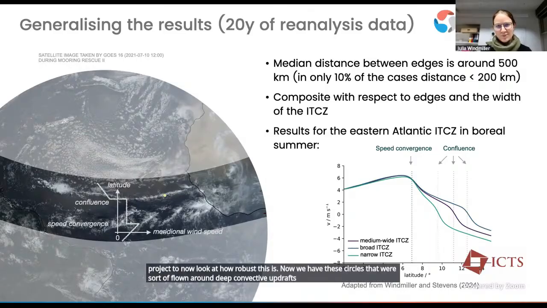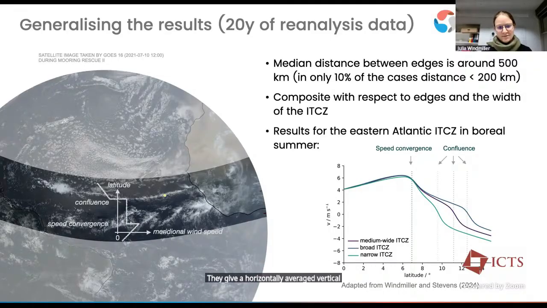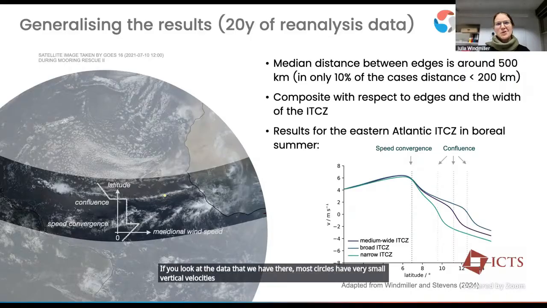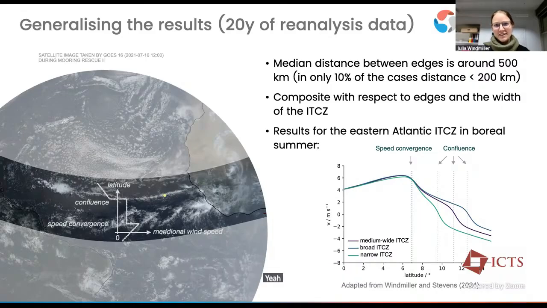But it's important to remember that they give a horizontally averaged vertical velocity. If you look at the data that we have, most circles have very small vertical velocities. If you manage to put your circle exactly around a mesoscale convective system, which happened basically once, that's the thing you end up seeing in the averaging.